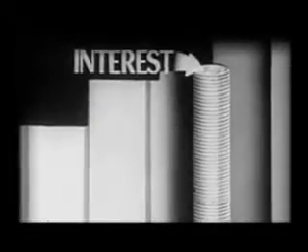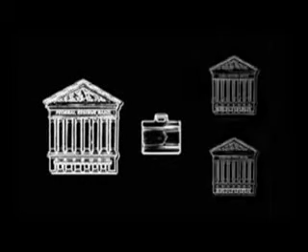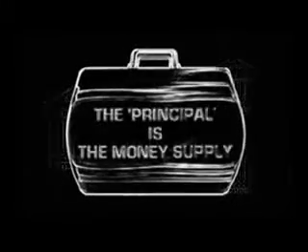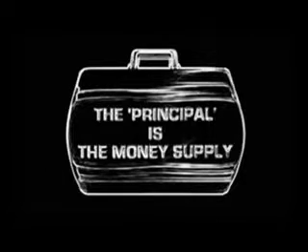In other words, almost every single dollar that exists must be eventually returned to a bank with interest paid as well. But if all money is borrowed from the central bank and is expanded by commercial banks through loans, only what would be referred to as the principal is being created in the money supply. So then, where is the money to cover all of the interest that is charged?